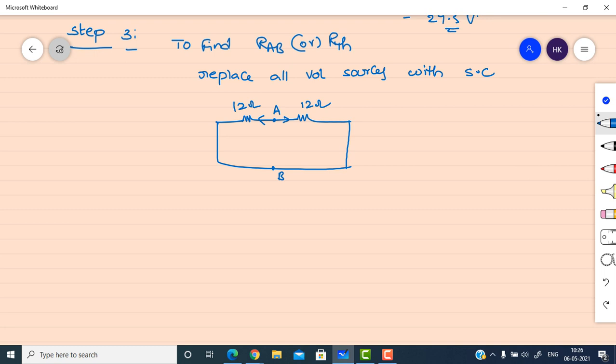Or else you can redraw this circuit. This is A terminal. To this A terminal, two resistors are connected, that is 12 ohm and 12 ohm. One end of the two resistors is connected. The other end of this 12 ohm is connected to which point? B point. And this 12 ohm is also connected to B point.